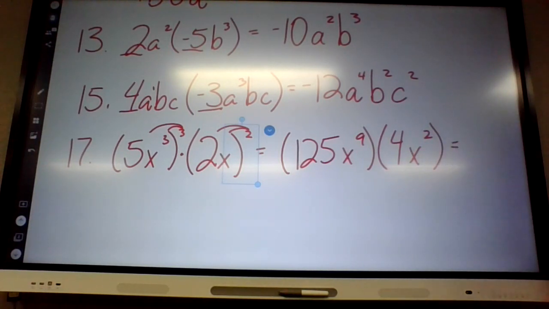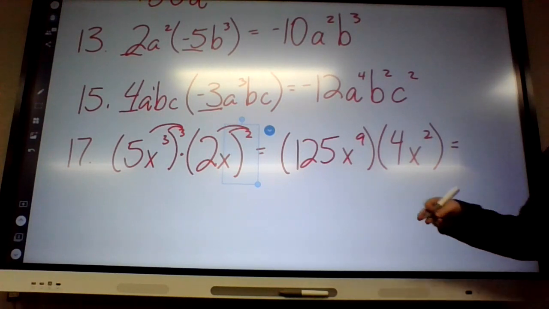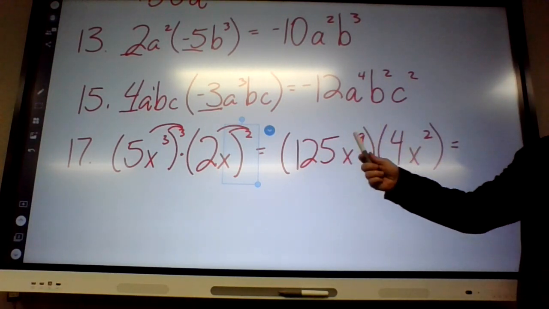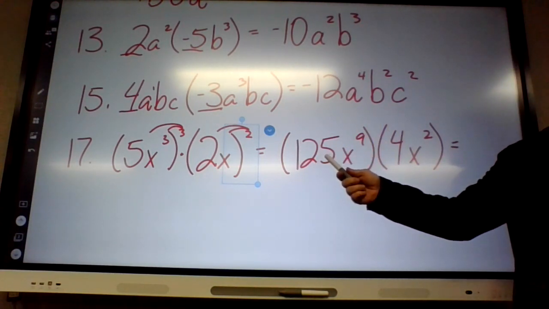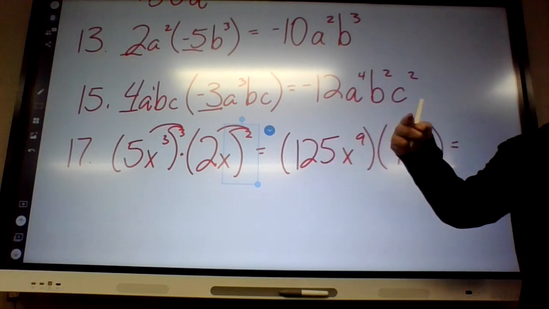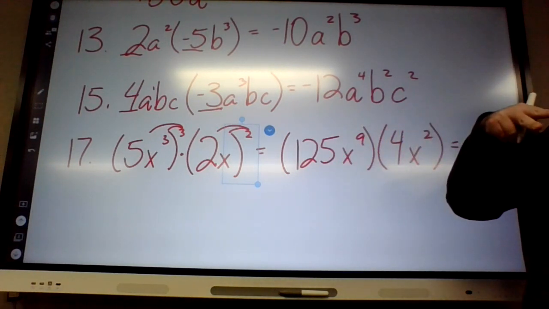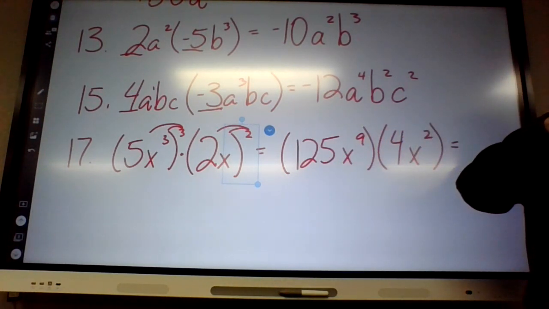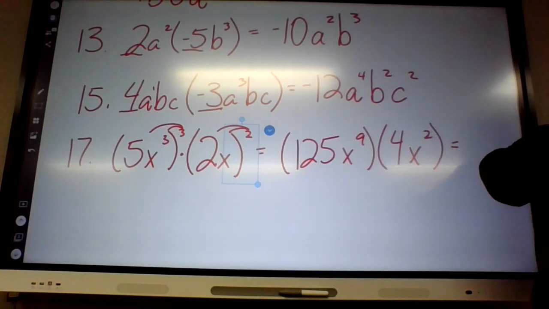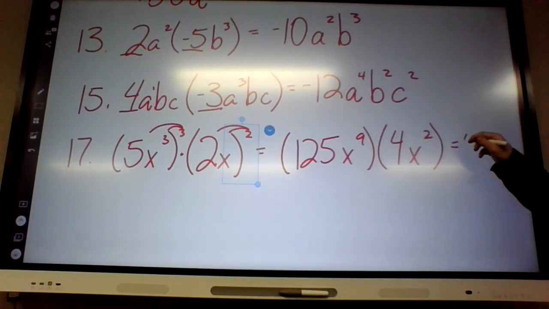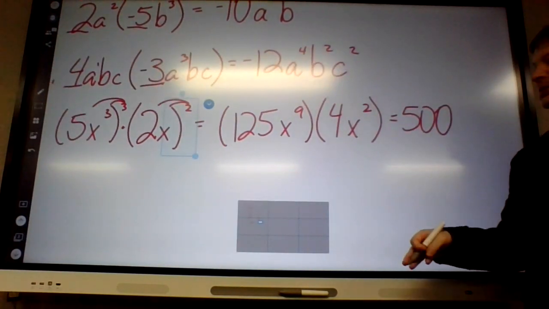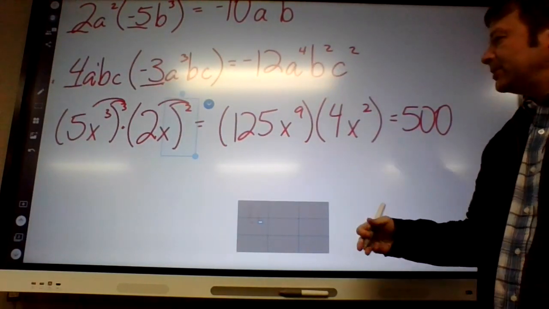Then we save the multiply until after the exponents. So we're doing this times this. 125 times 4. Well, 125 times 2 is 250, and 2 250s make 500.